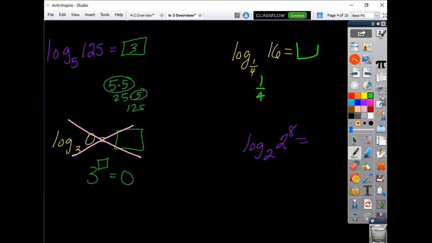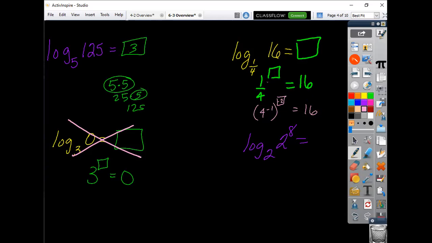1/4 to what power equals 16? And you may have forgotten this, or you may not have ever learned it very well, but this 1/4 is like 4 to the negative 1. Well, if I raise this to a negative 2, for example, that's 4 to the second, which is 16.